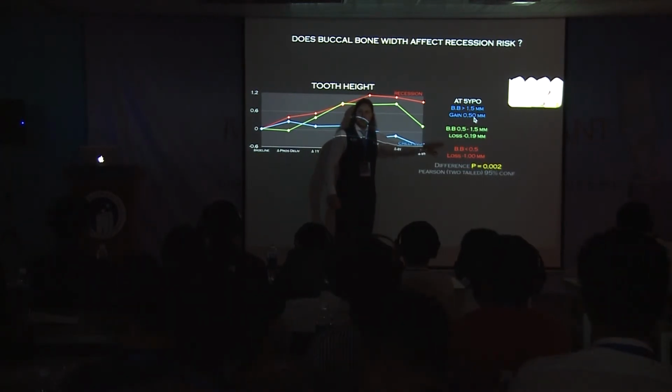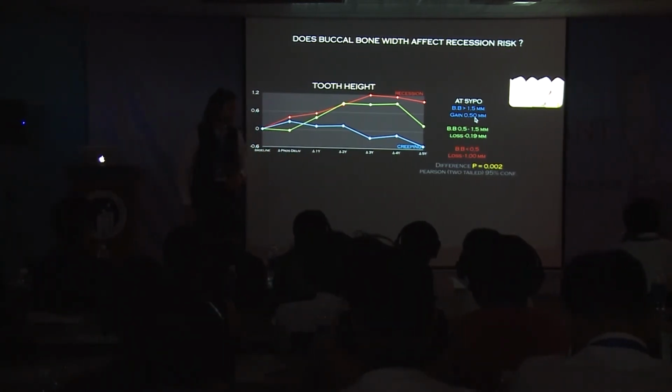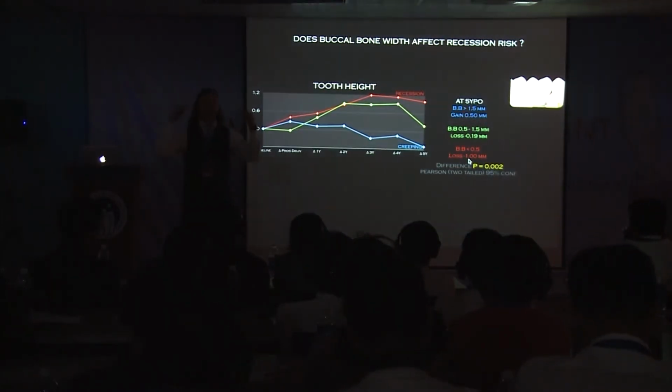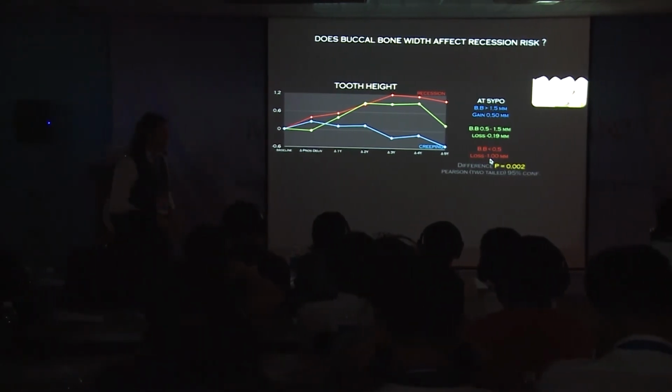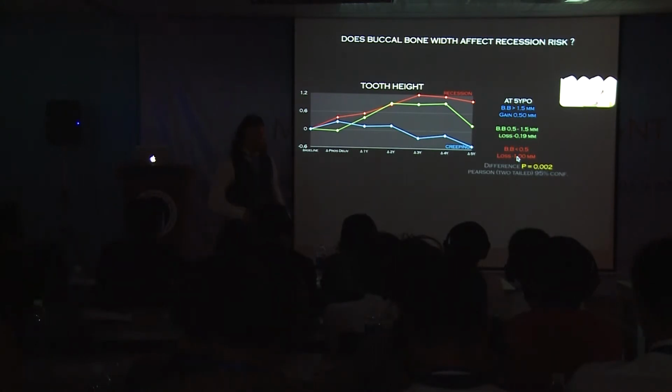But when the buccal bone was thinner than 0.5 millimeter, there was always a recession. The average is 1 millimeter. But sometimes there was a 4 millimeter recession.